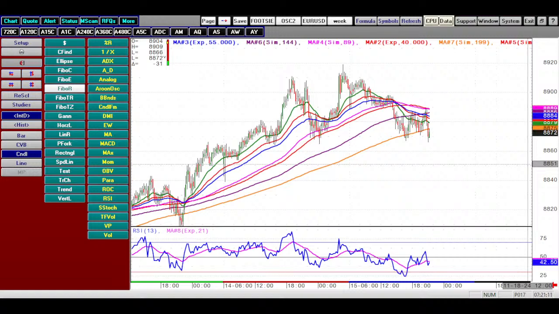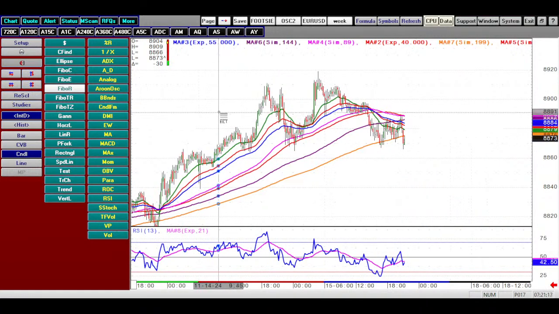Okay, so let's discuss the trades. Now what we are going to do is a live trade during the data announcement, and we are expecting the retail sales to be bad, or the other data, which is the Empire State Manufacturing Index.